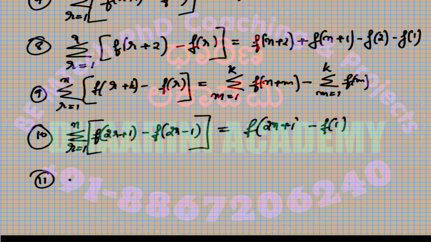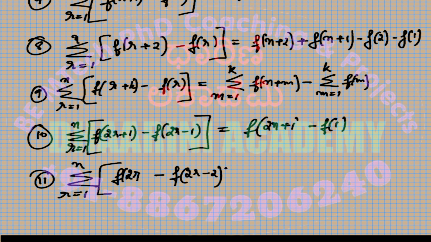The next one, that is summation r equals to 1 to n of f of 2r minus f of 2r minus 2 is equal to f of 2n minus f of 0.